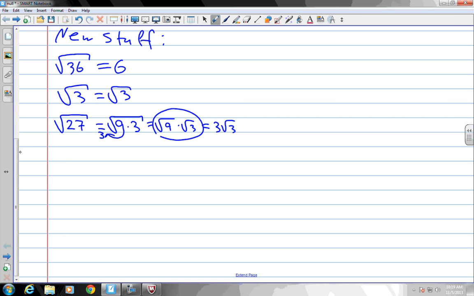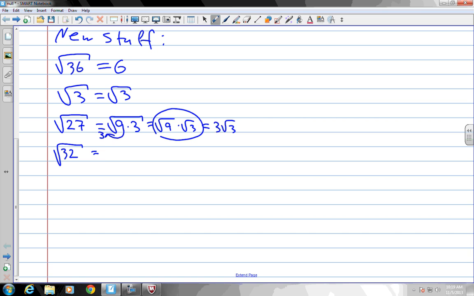Here's another one. How about square root of 32? 16 and 2. Now, in this one, you actually have options. You can do it 16 and 2, or you can do 4 and 8. But you always want to look for the largest perfect square. So 16 and 2 is the better option.